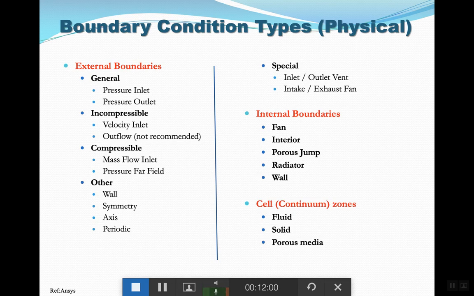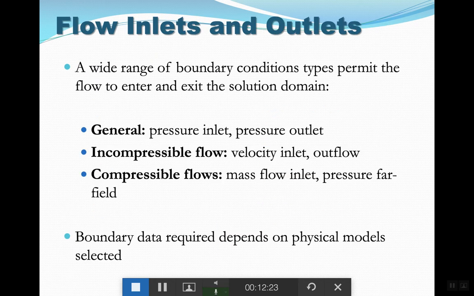The last one is the cell zones, which are a specific type of boundary. They are named as some sort of boundaries, but they are not actually boundaries. They are attributes of a certain number of cells in the volume of your control volume, which you will see in our coming slides.